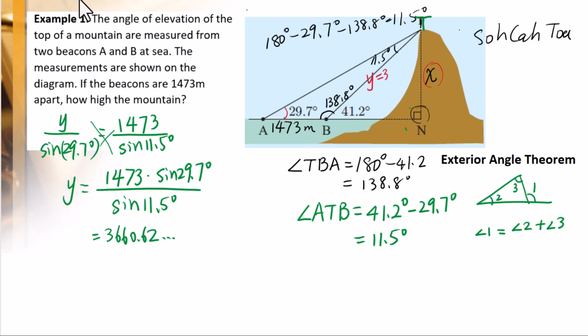Let's label here. In the right triangle TBN, we can use SOHCAHTOA. We are given angle 41.2. X is the opposite side. TB is the hypotenuse. OH, so we go to sine.